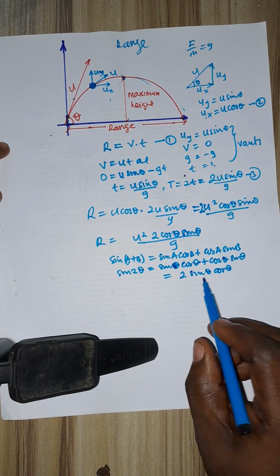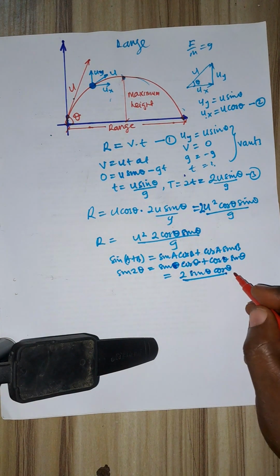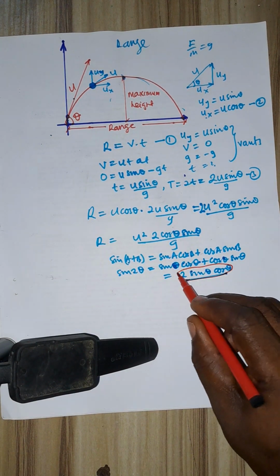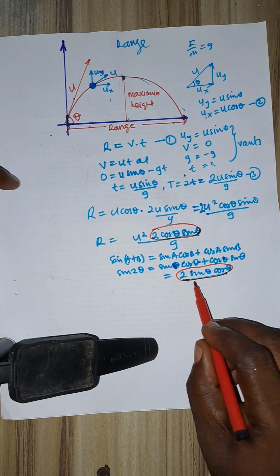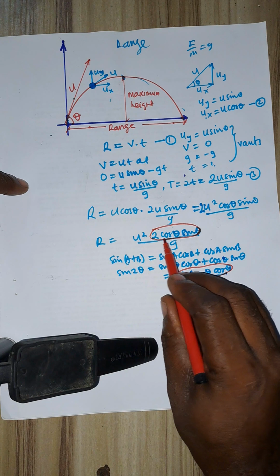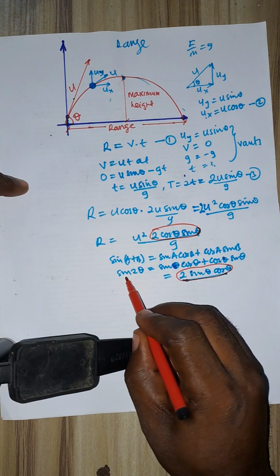You see? So we replace 2 cosine theta sine theta with sine 2 theta.